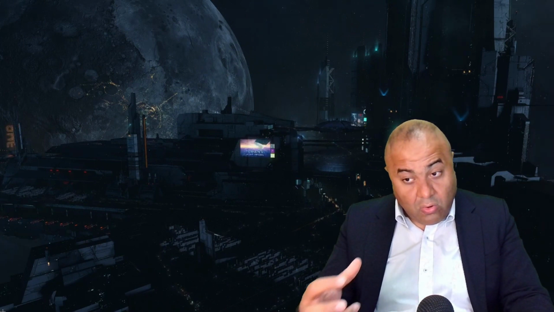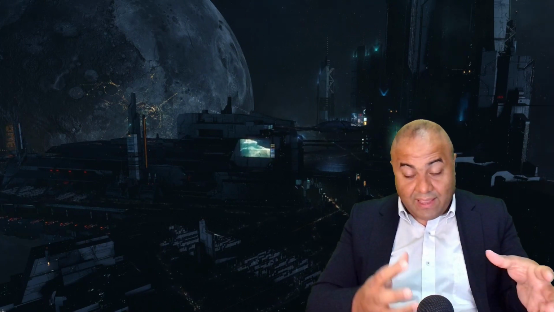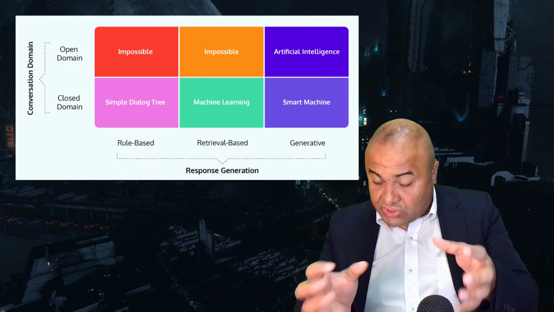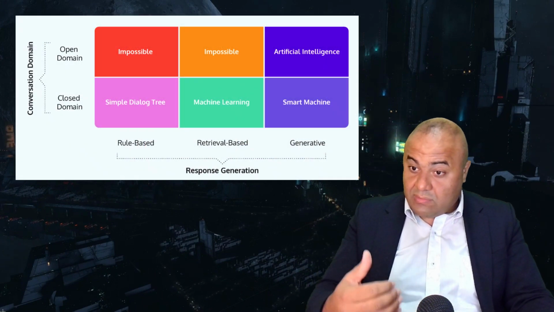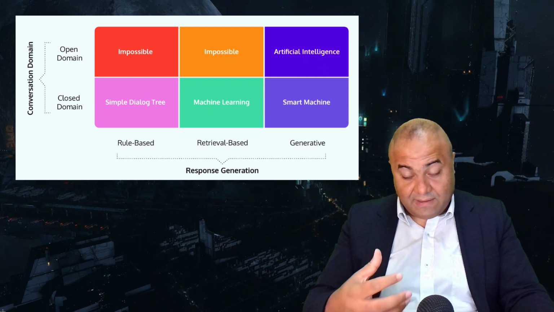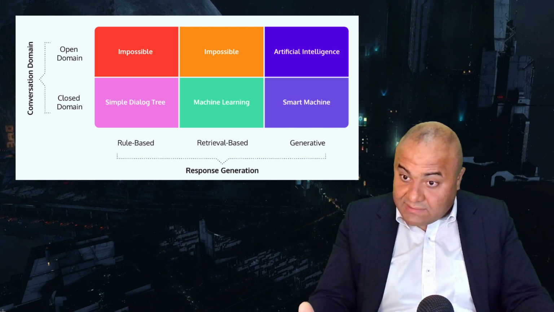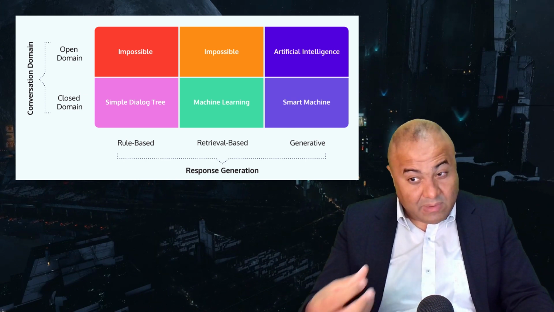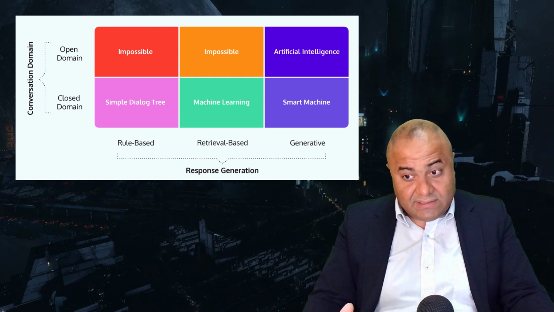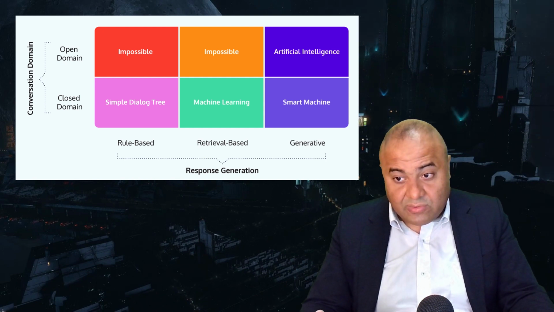So far, the chatbots we talked about are closed domain chatbots. We have specific answers for specific questions. Even though in the case of retrieval-based chatbots we have ranked answers, so we can provide a little bit smarter answers, the main technology in most cases of these chatbots is classification algorithms.